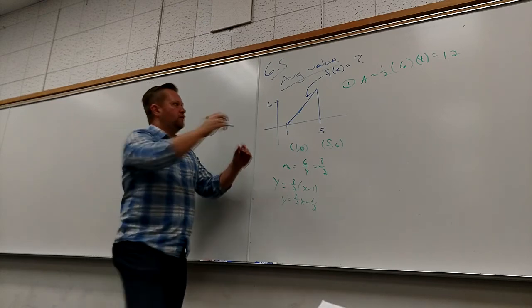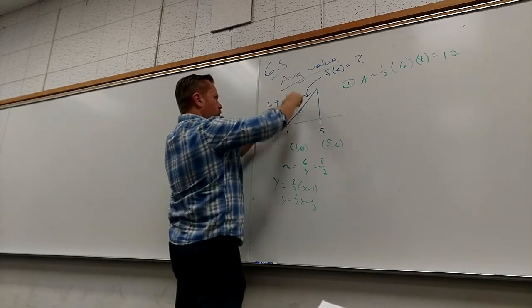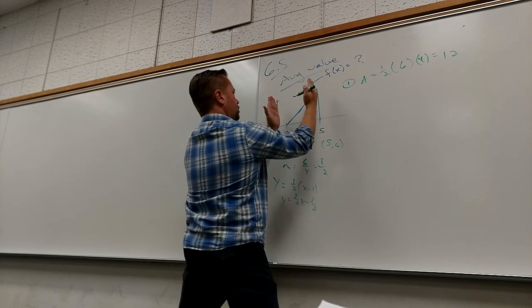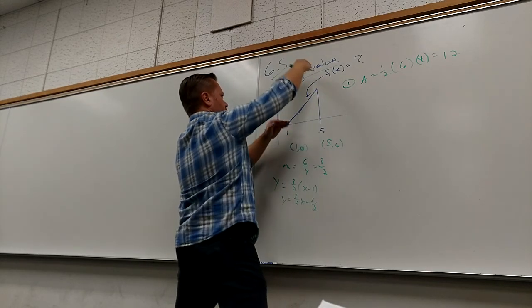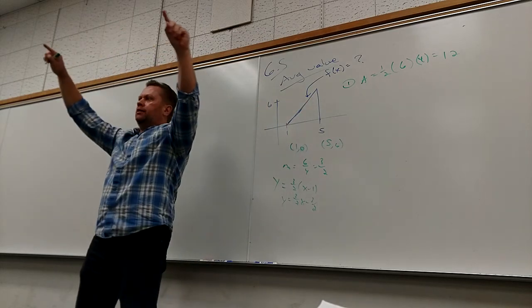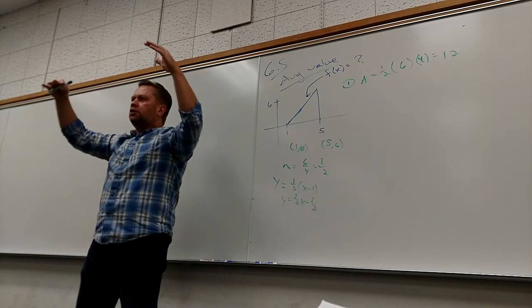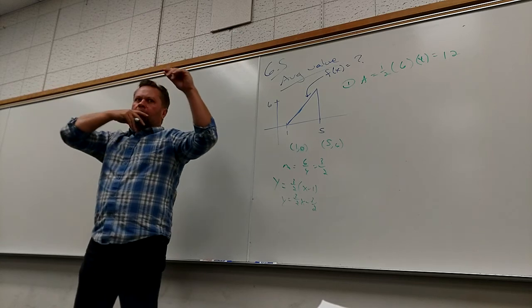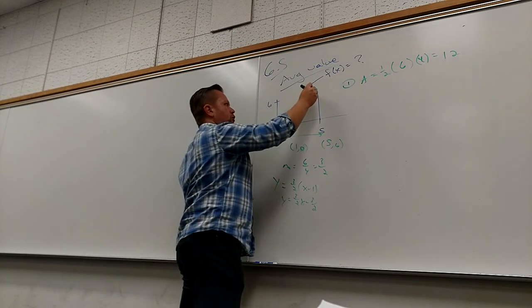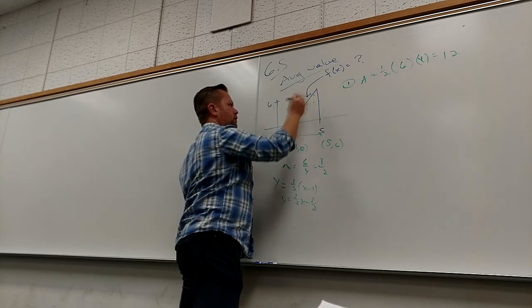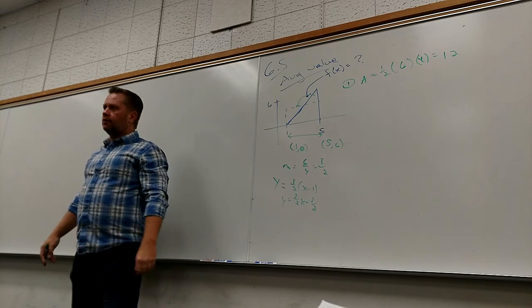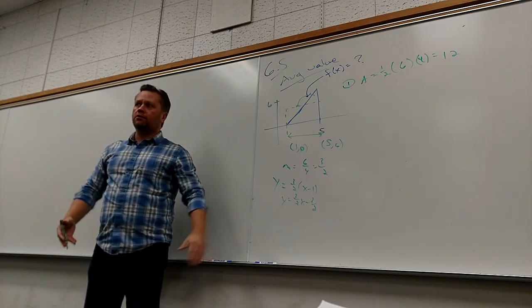If I could chop this off and move it, if I could basically squish it, I can't change how wide it is, but I can mush it down so it becomes even. Wouldn't that be the average height? So I'm really just rearranging the area. I've got to keep this width the same, but I'm basically trying to put this here so it becomes this equivalent rectangle. And what's the area of the rectangle? It has to be the same as the area of the triangle.